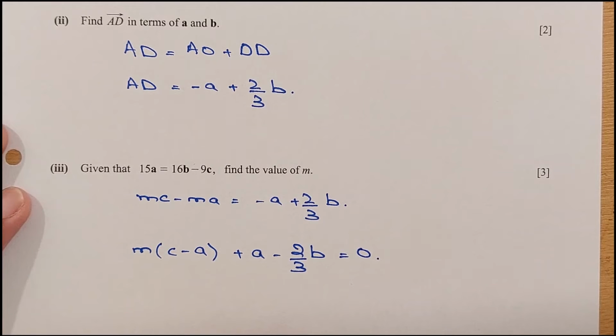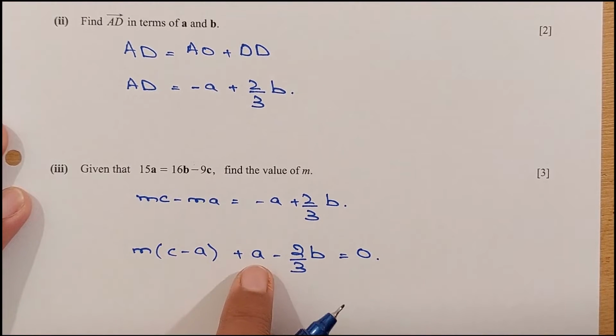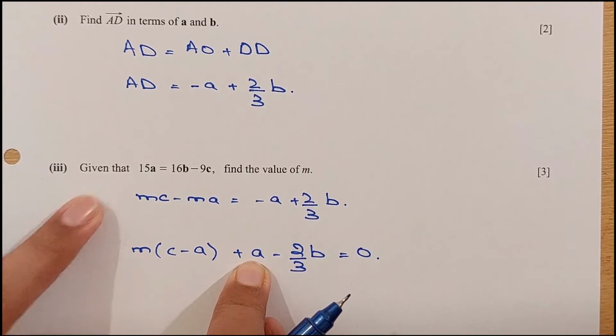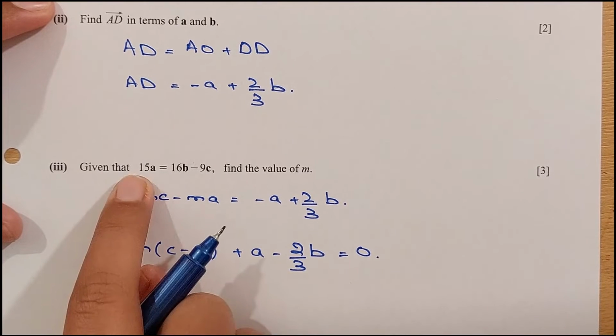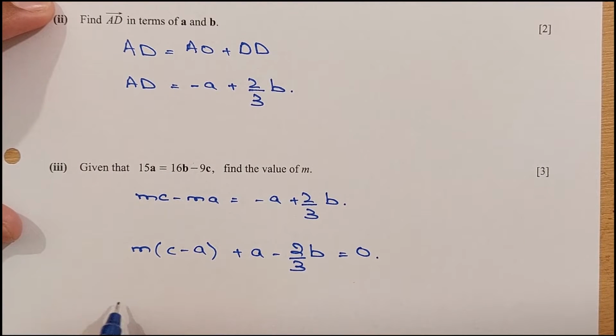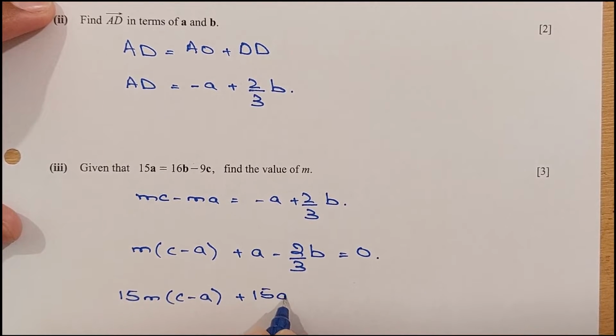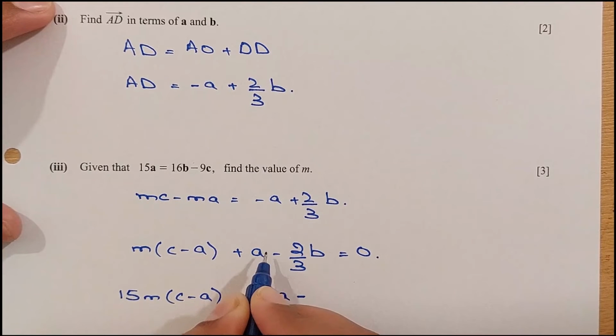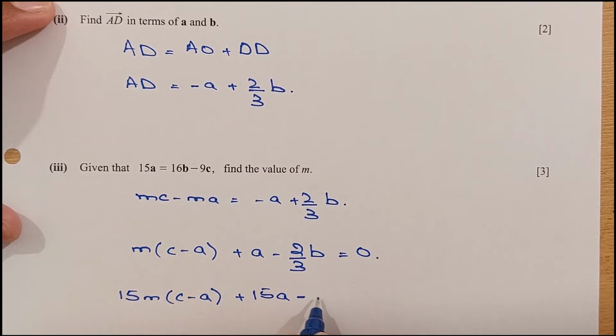A is multiplying by 15, so if I multiply throughout the equation by 15, we have 15M(C minus A) plus 15A minus 10B equals 0, since 3 times 5 is 15 and 5 times 2 is 10.